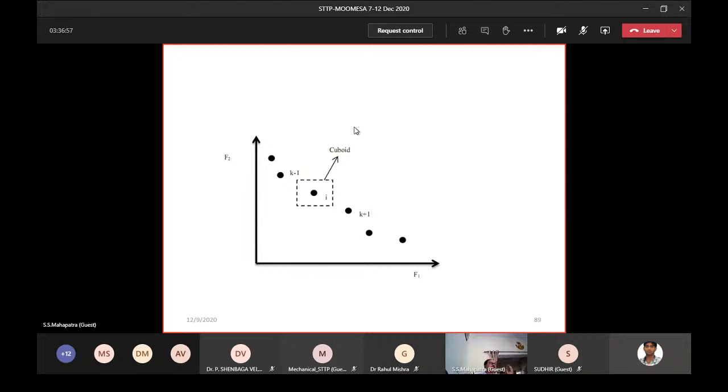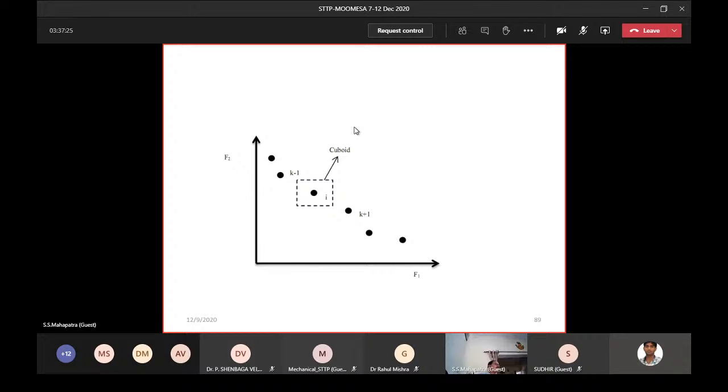From the external archive, the top 10% of the solutions will be treated as the global best solution to be used in the equations, that is the velocity updation equation and the position updation equation. Only the top 10% from the external archive is used as the global best solution.